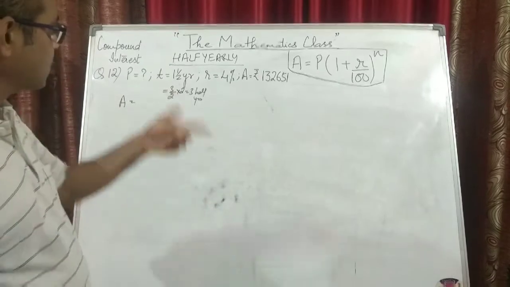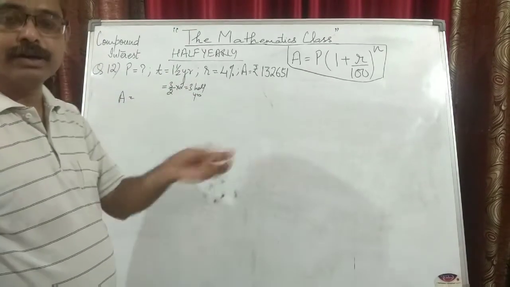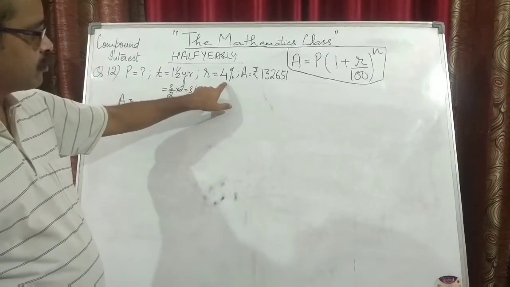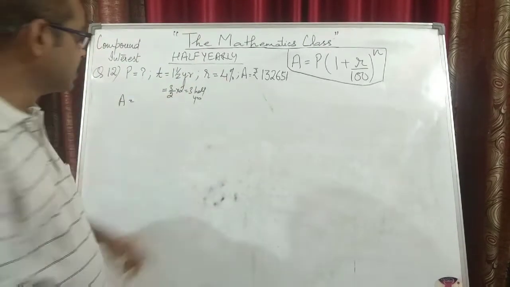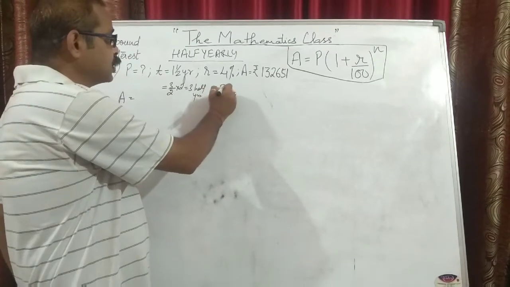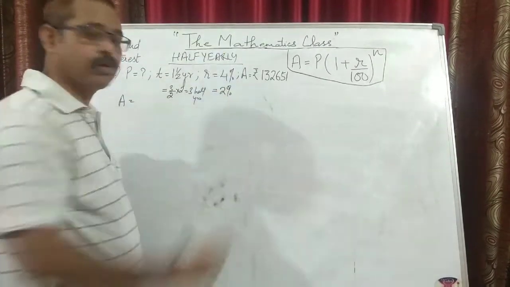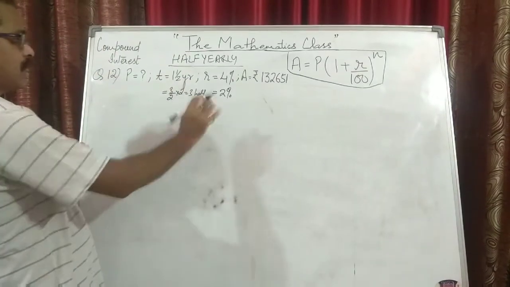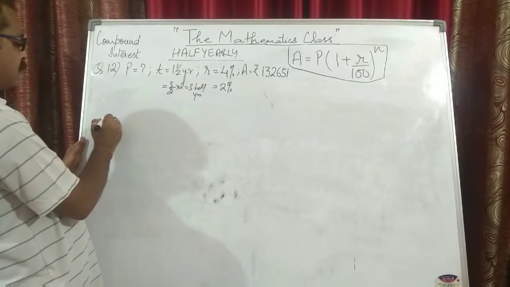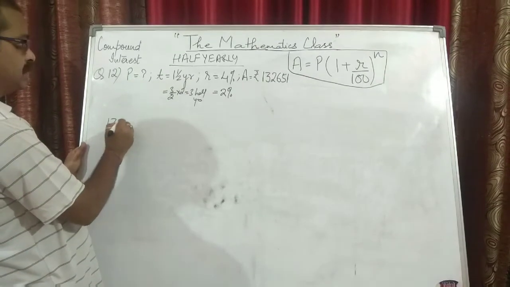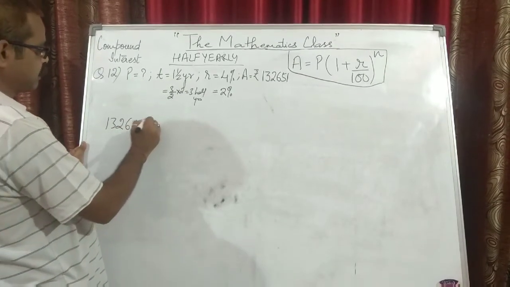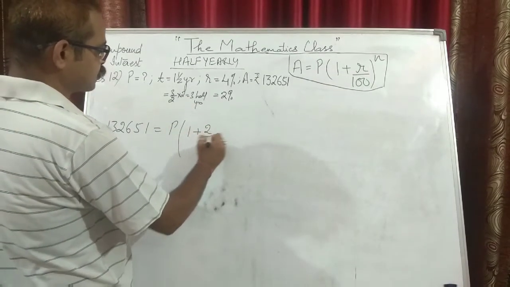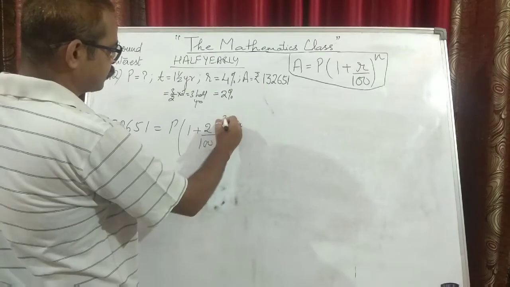And in that way also, if you double 1.5 years or double 3 upon 2, that will become 3. And rate is given 4%. We know that rate becomes half. So now the effective rate is 2% for every half year. Now we know that amount is given: 132,651 is equal to P into 1 plus R, that is 2 upon 100, to the power 3.